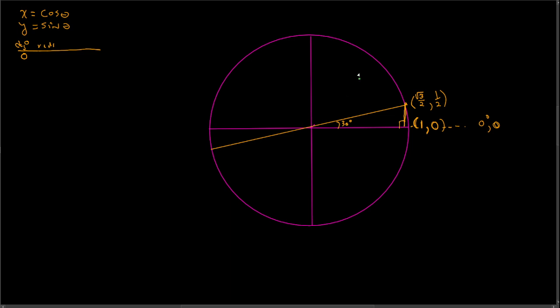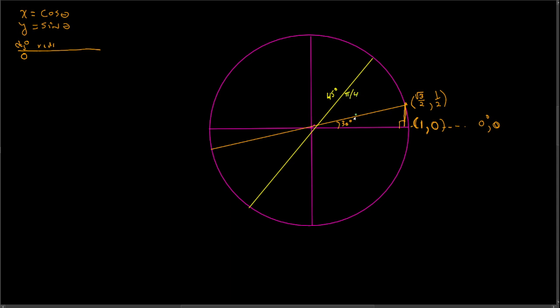Now I'm going to get the 45-degree angle. I'm going to bisect these. And this will be the 45-degree angle. So I'll put the angle here, 45 degrees, or pi over 4 radians.